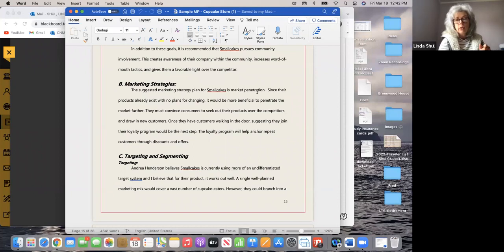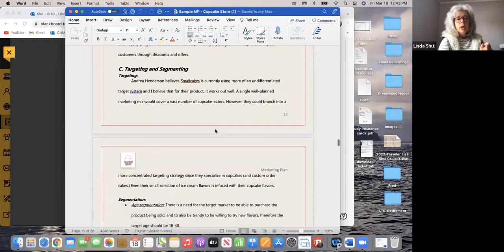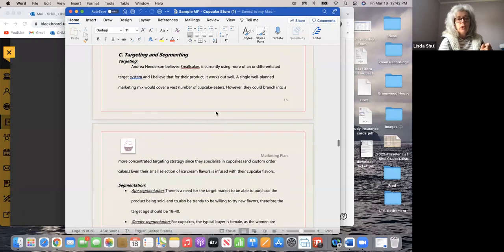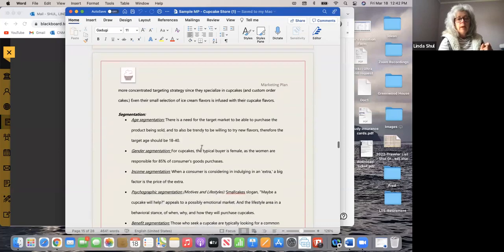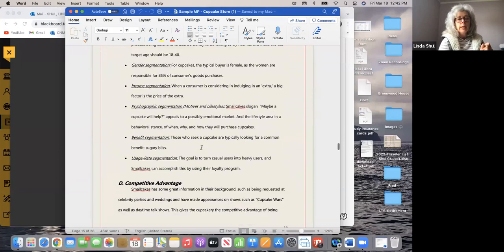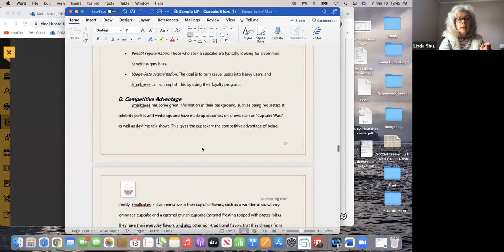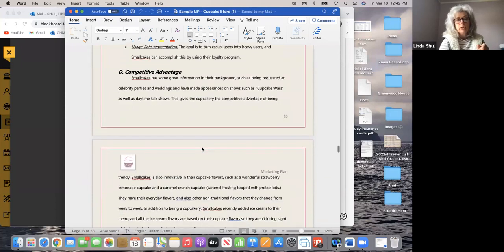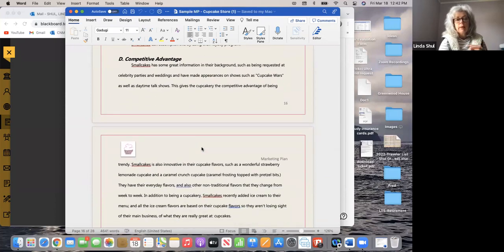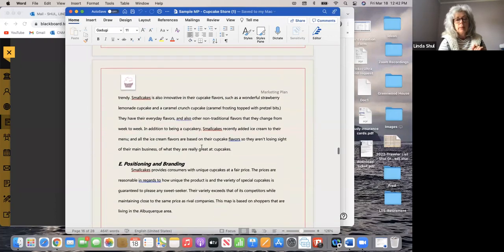So that's one of your generic marketing strategies. And then it's explained. Targeting and segmenting. For the targeting, they have age, gender, income, psychographic, benefit. These are good. So make sure you have that. Your competitive advantage, your advantage over the competition, is explained.